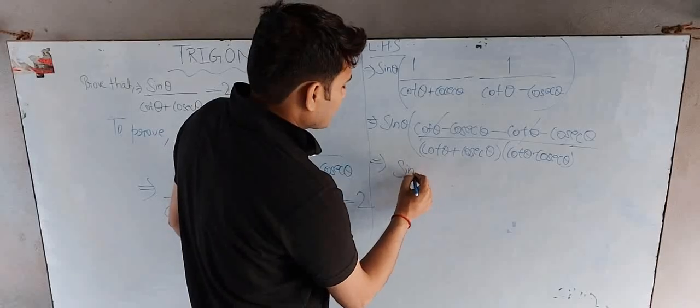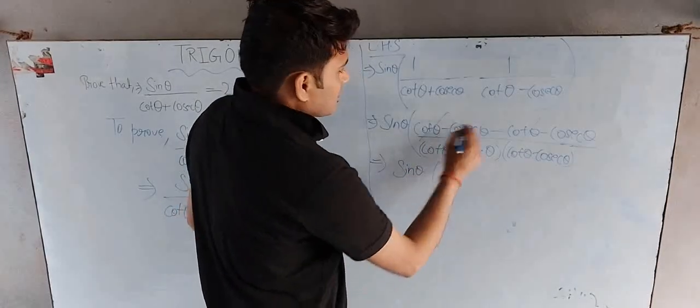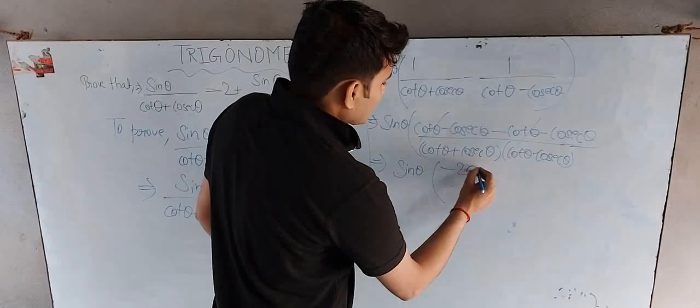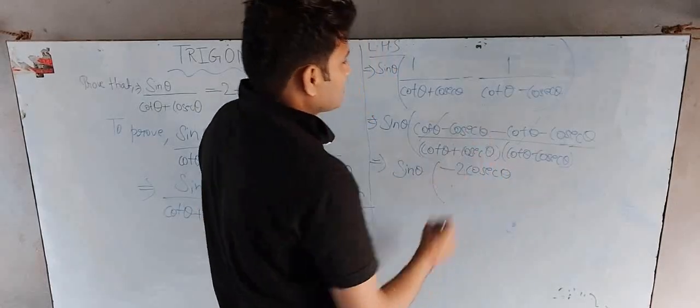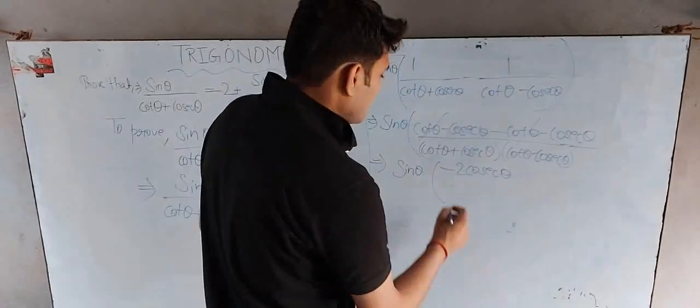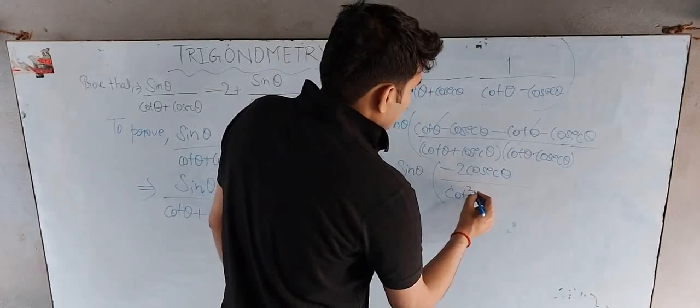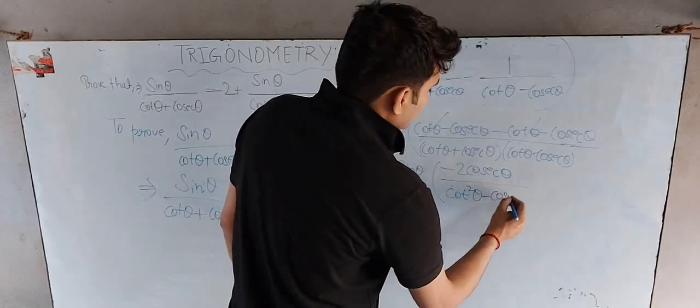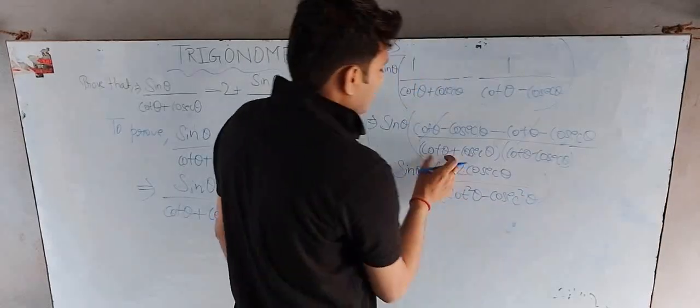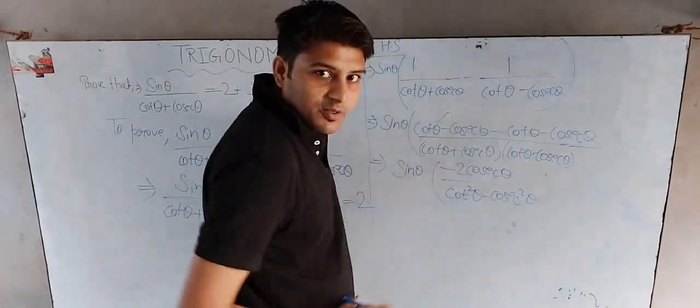Here you will get sin theta times minus 2 cosec theta, and here you will get cot square theta minus cosec square theta because of a plus b and a minus b.